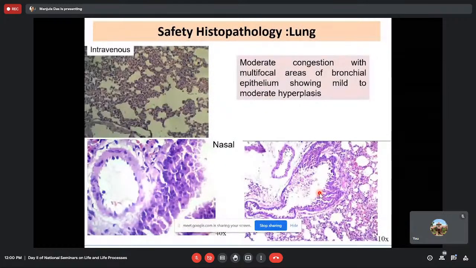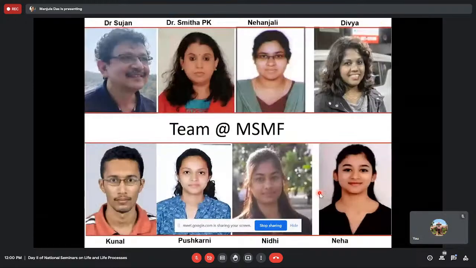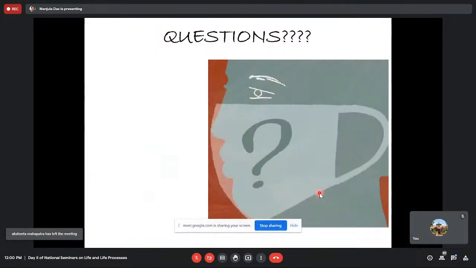But when we did it with the intranasal route, we only see a little bit of toxicity in lung, but other organs are fine. So with this, I will stop now, thanking my team of 8 people who have done multiple different things. And if there are any questions, I would like to take that and then complete it.